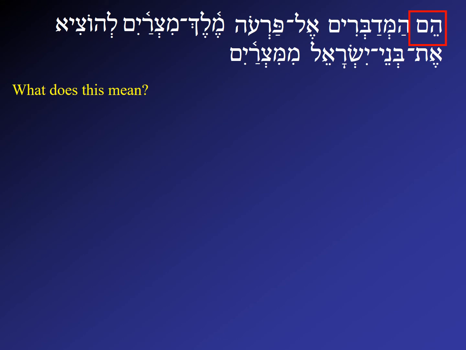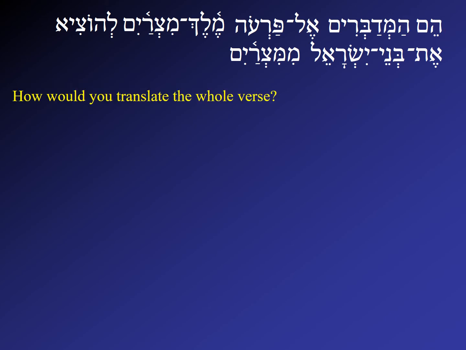Well, most of the rest of the words in the sentence are quite familiar to us. The very first word, hem, this is the independent personal pronoun, third masculine plural, meaning they. Sometimes we see this as hemma, but sometimes as hem, so it means they. Now the rest of this verse, I believe we should be able to translate.